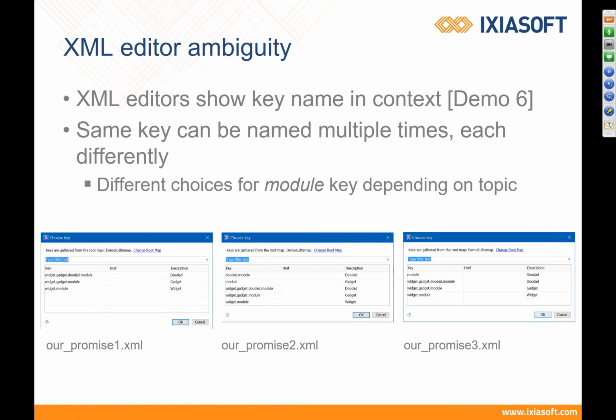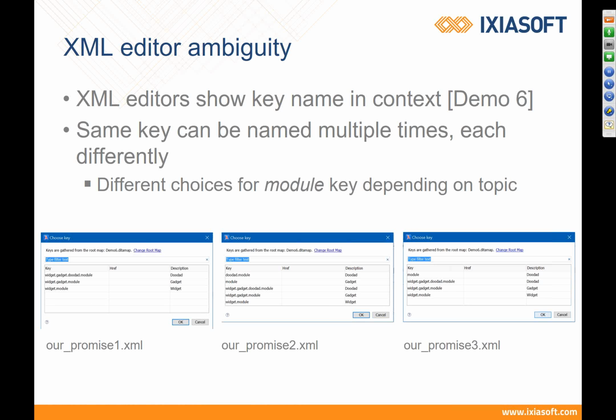You can get around that by defining a key whose name is widget.gadget.doodad.module. That can be the key name, and that will work just the same as if you had this nested key space structure. But again, that's something that your author is going to have to know to do, or your information architect is going to have to know to do.